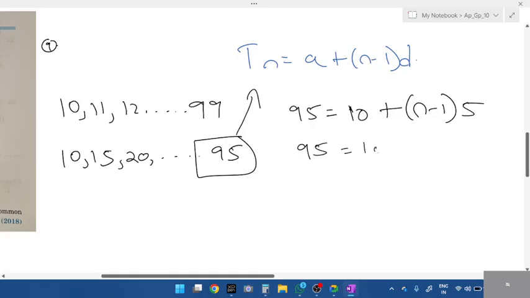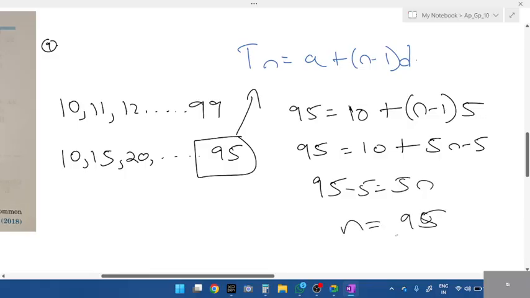95 is equal to 10 plus, open the bracket, 5n minus 5. So 95, 10 minus 5 is 5. Okay, if you shift it to the other side, you get 90 is equal to 5n. What's the value of n, students? n is equal to, how many times does it go?